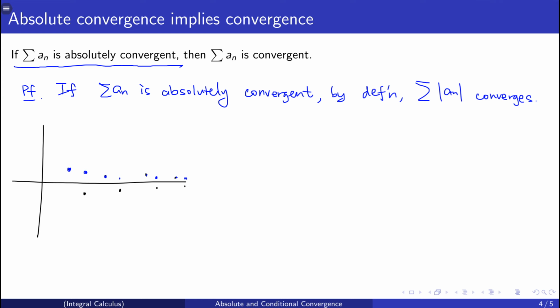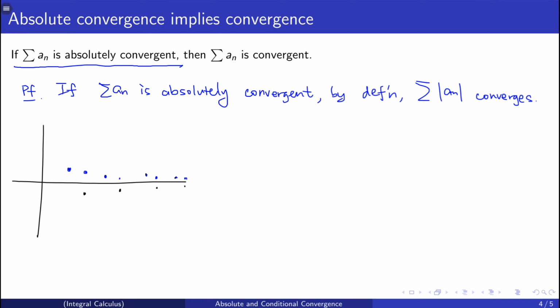It's what happens when you take the absolute value of a function. Everything below the x-axis gets flipped. So really, between the absolute value of a sub n and a sub n itself, we can get a relationship between the two.